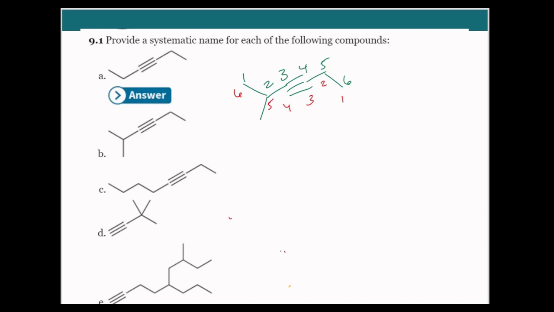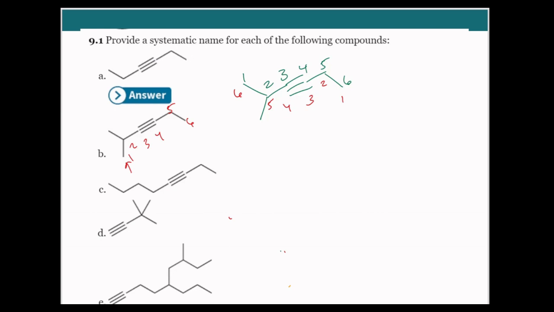Okay, now you might say, well, why didn't I number this methyl down here as part of the parent? Well, it doesn't matter. Either way I do it, I'm going to have the same name. 1, 2, 3, 4, 5, 6, for example. Okay, so my alkyne functional group has carbon number 3 no matter which way I number the molecule.